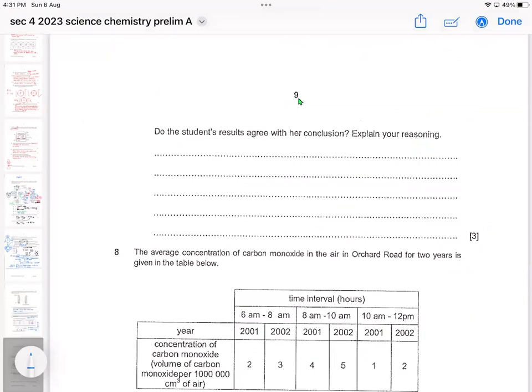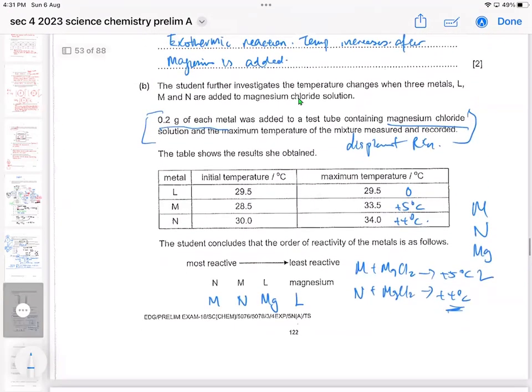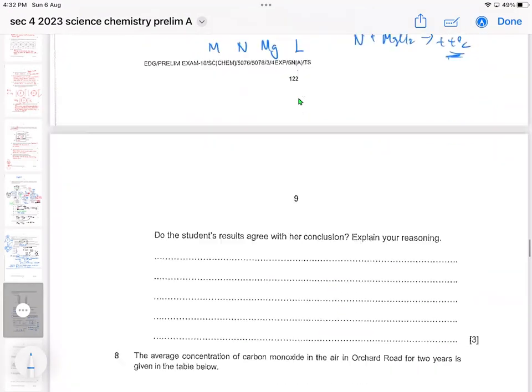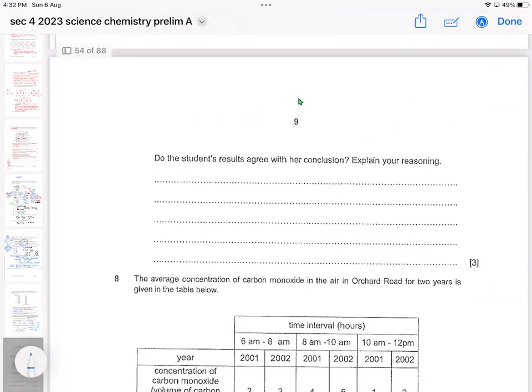So magnesium is not the most reactive one, because these two can displace it, because when the displacement occurs, temperature went up, right? So that means, okay, let's prove that both M and N are more reactive than Mg. So for this case, does the student agree?